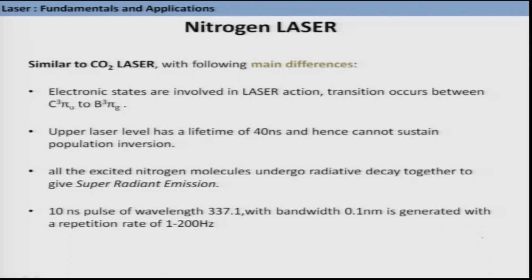The last laser in this particular section we will discuss is the nitrogen laser. The principle of the nitrogen laser is very similar to carbon dioxide, with certain differences. What are those differences?